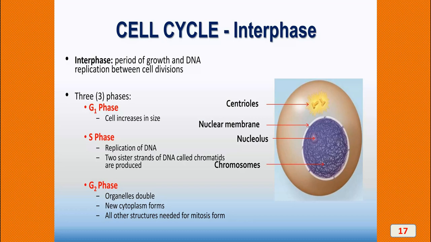Whereas in the G2 phase, the organelles double, new cytoplasm forms, and all other structures needed for mitosis form, and the daughter cell will be equivalent to the mother cell, containing all the ingredients of the mother cell.